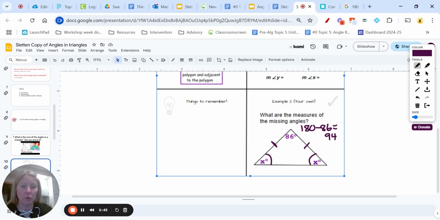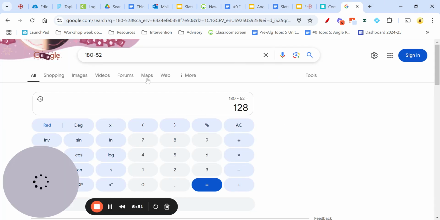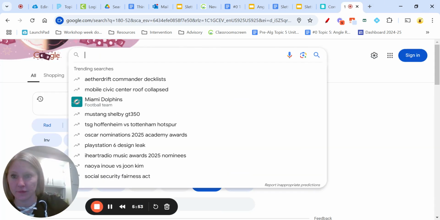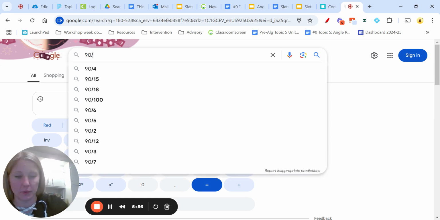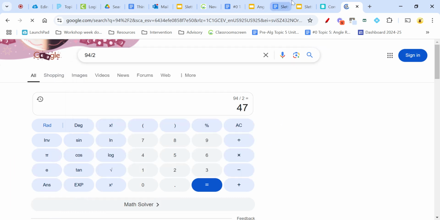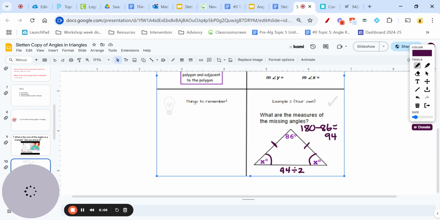If I want to figure out what one of the x's is, I just need to divide 94 into the two angles to see how much one would be. So we can do our calculator again. 94 divided by 2 angles is 47 degrees. So each of the x angles is 47 degrees.